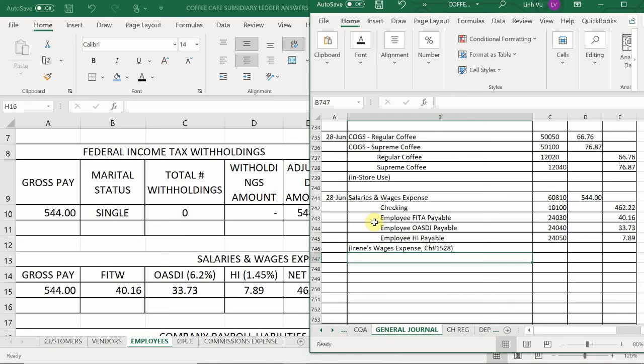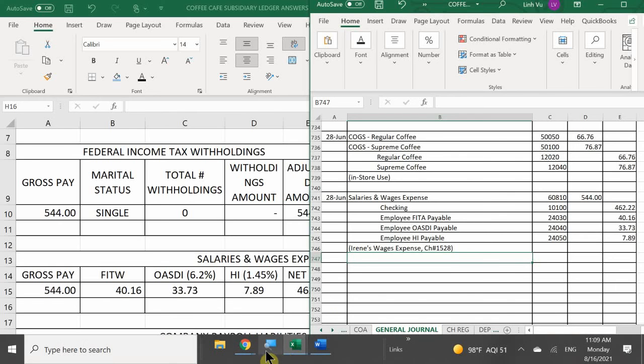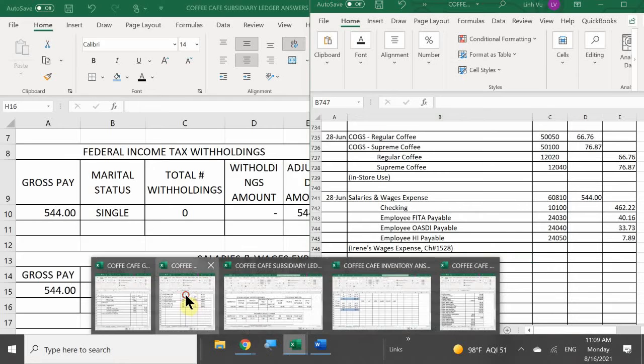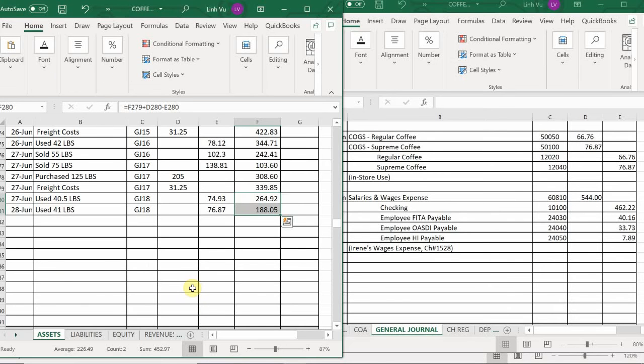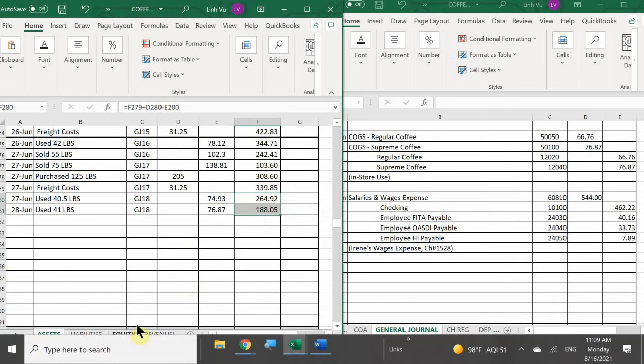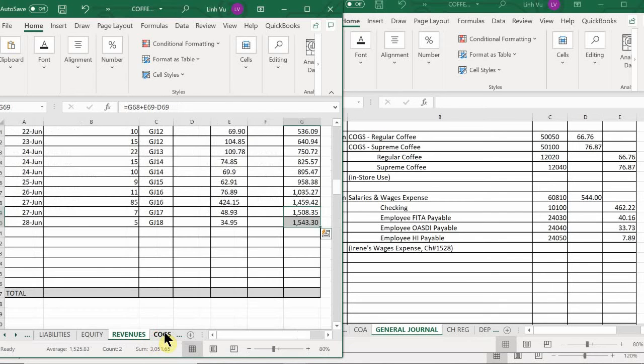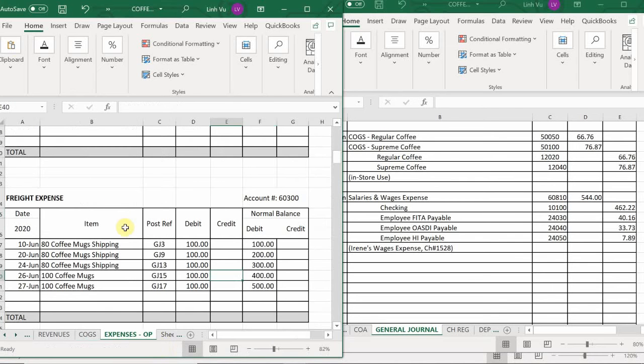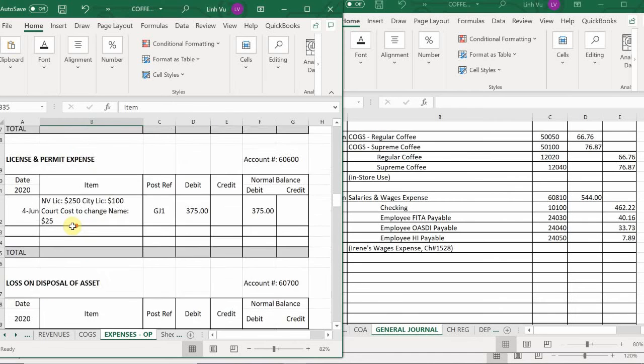Everybody go with ledger first? Okay. So let's see, salaries and wages expense is going to be an operating expense, right? Because we're paying her now. We're not owing her money.